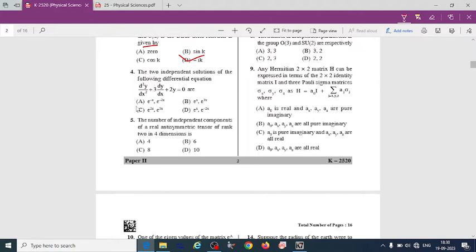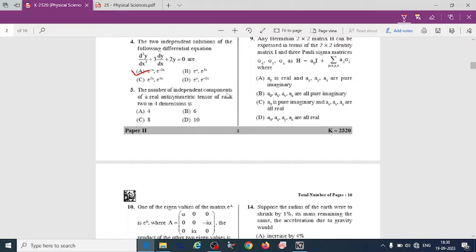So the two independent solutions for this question, the answer is option A, e to the power minus x and e to the power minus 2x. Just you can easily get here from observing the equation.